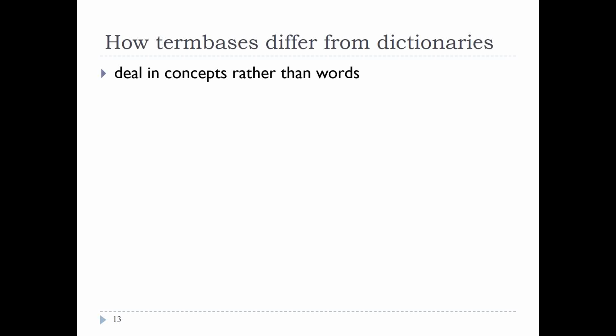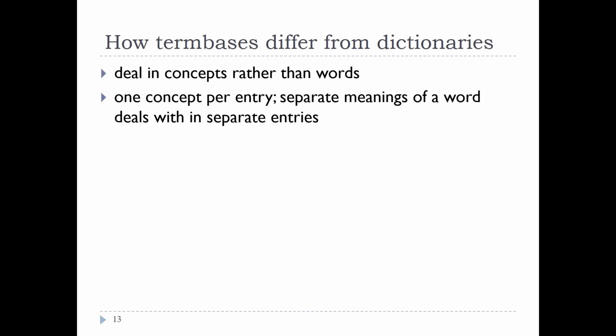With the dictionaries we saw one entry covering every possible meaning of a word, whereas with the term bases, the concept as it's reflected in one particular term was foremost. So one term, one entry, one term, one concept, broadly speaking. So one concept per entry.